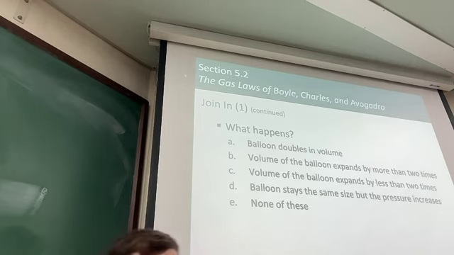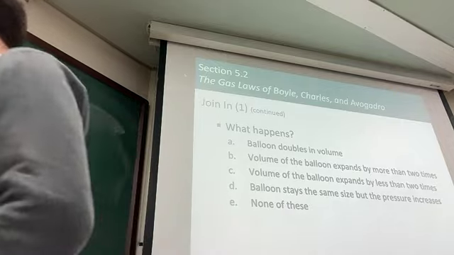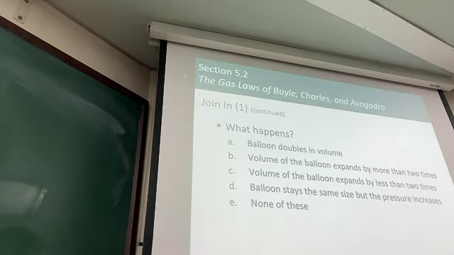Okay, so what do we know? We know Avogadro's law, right? We know that because all of these answers talk about the volume. So we should consider that particle number is proportional to the volume. That's definitely important, right? But they're not talking about particle numbers, they're talking about mass.